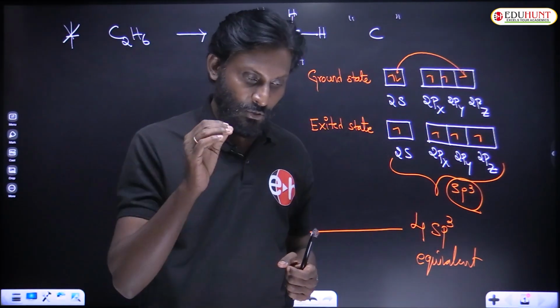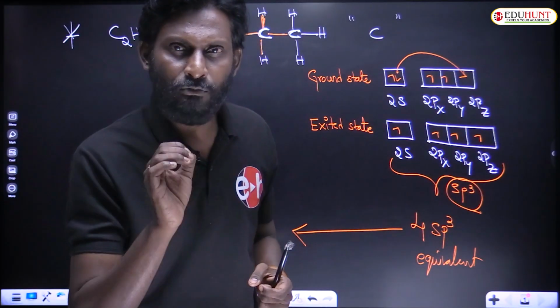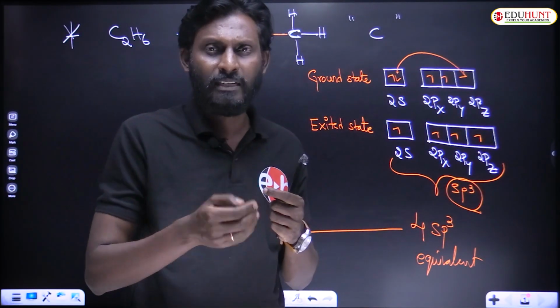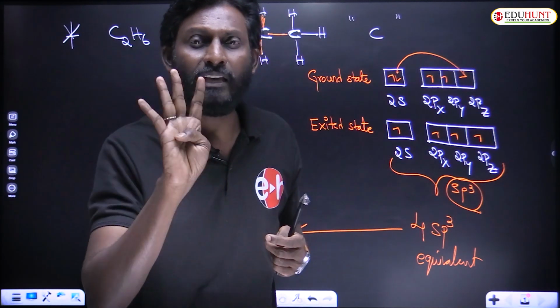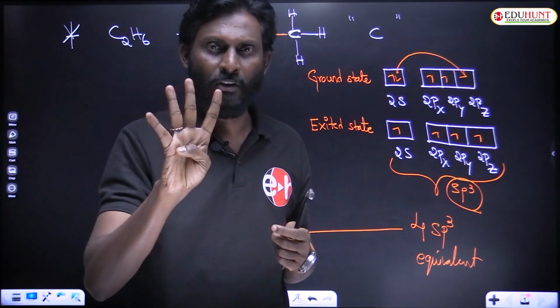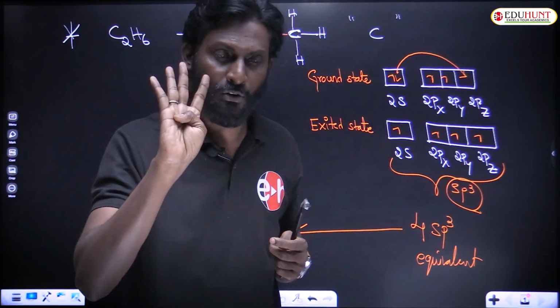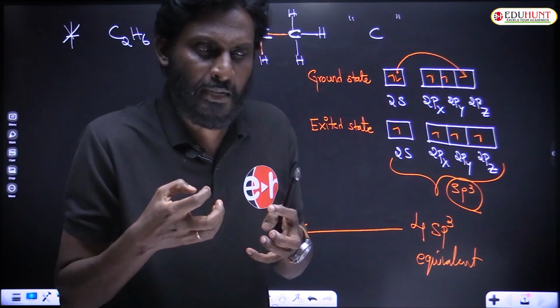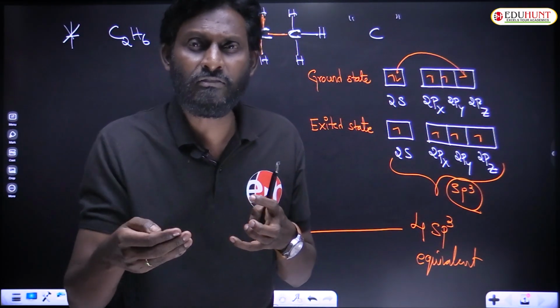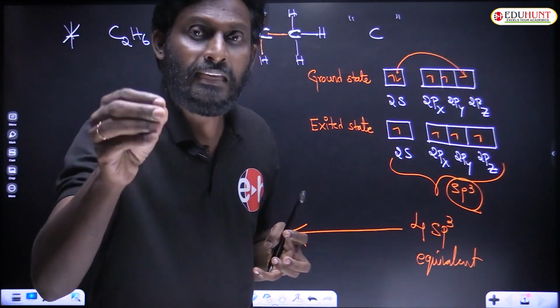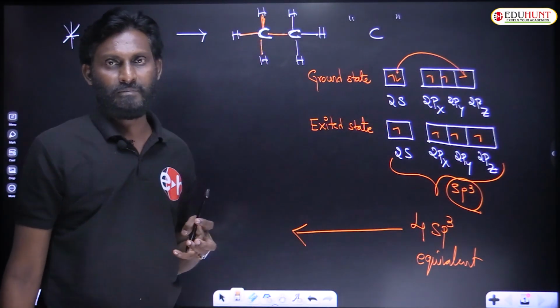Yes. Do remember, by experience and regular study of chemistry, we got to know that when there are 4 orbitals, the structure which gives minimum repulsion is called tetrahedral.